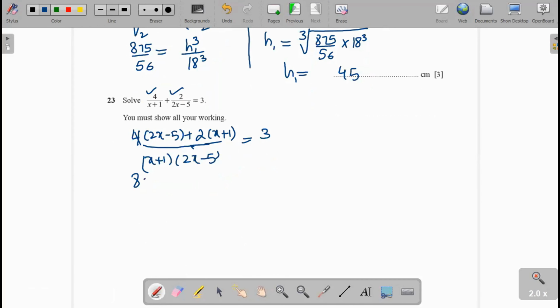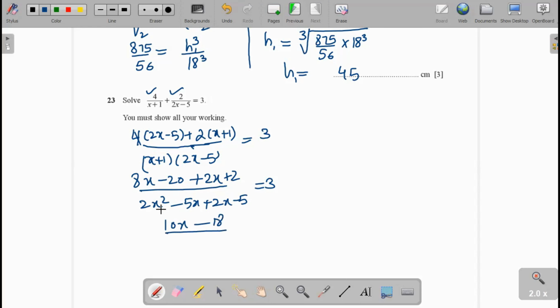That is equal to 8x minus 20 plus 2x plus 2, and now we multiply out 2x squared minus 5x plus 2x minus 5, that is equal to 3. And 8x plus 2x is 10x, minus 20 plus 2 is minus 18, and that is 2x squared minus 3x minus 5 equal to 3.